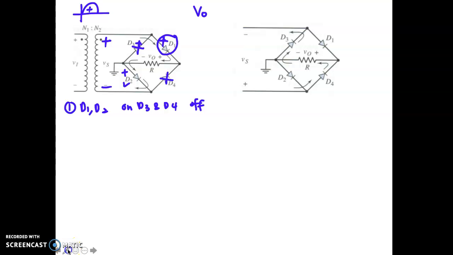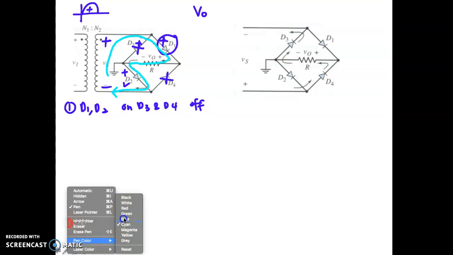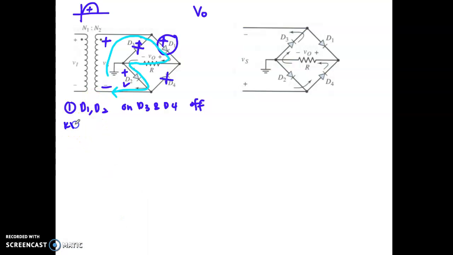So next step, we are going to have the KVL loop through the diodes that are on. You start from your VS, go to your D1, across your resistor, to your D2 until the end. So let's write the KVL equation.